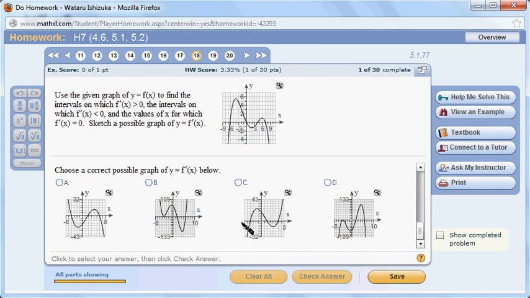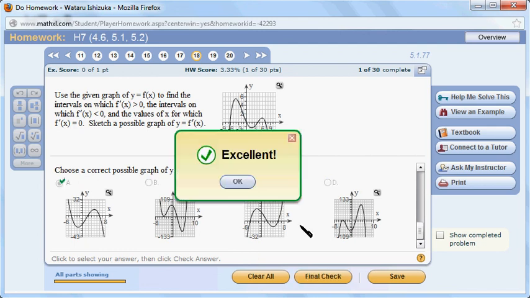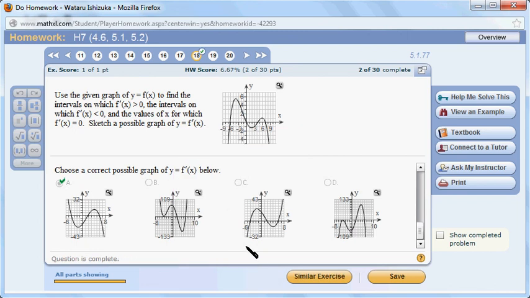This is below the x-axis, so that can't be it. And in the same way, this can't be it. So probably this is the right choice, because you have a positive derivative, which means the original function is increasing, then decreasing here, and increasing here, and decreasing after that. So let's check that. All right, we got that. That's it. I hope that this was clear.